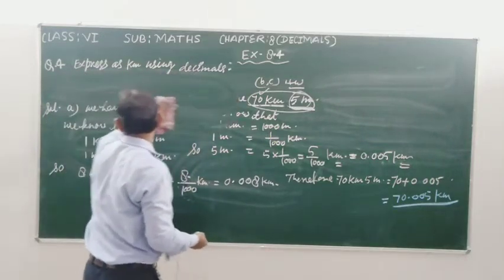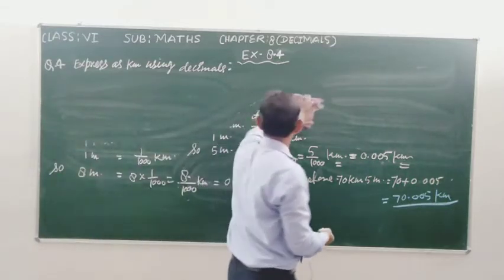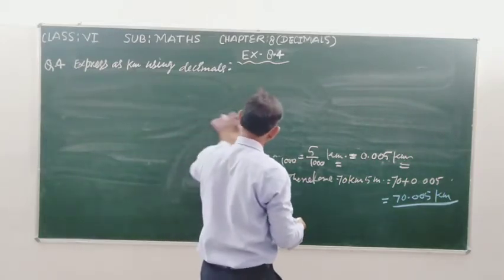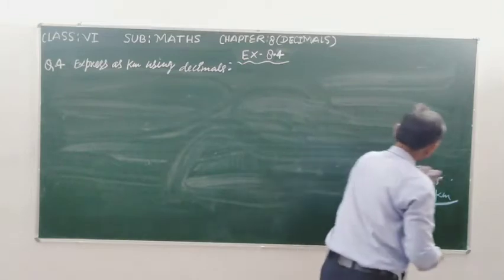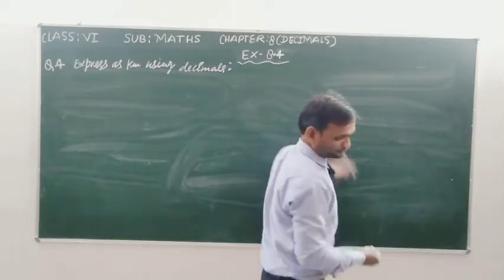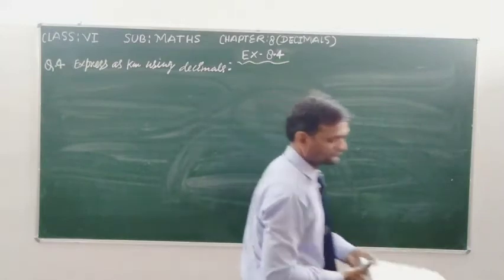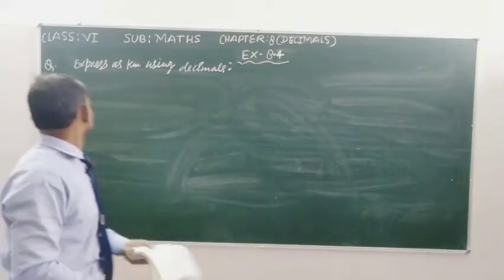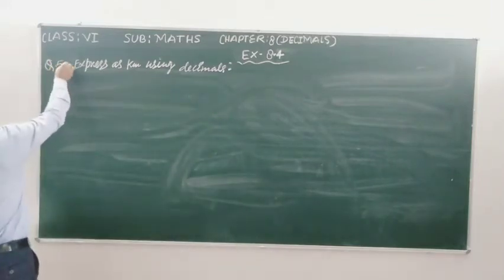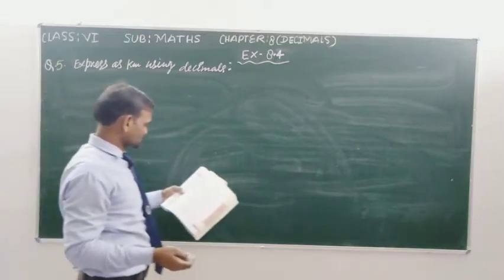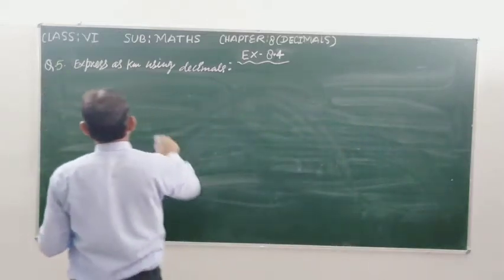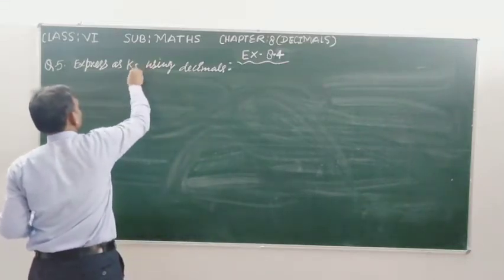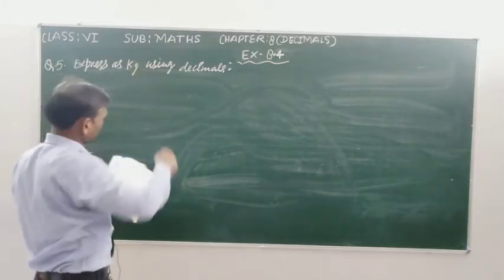Question number 5 is express as kg. Kg means kilogram. Kg is the short form of kilogram. Kg using decimals.